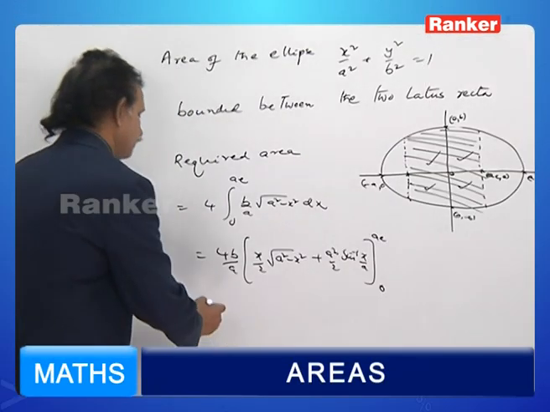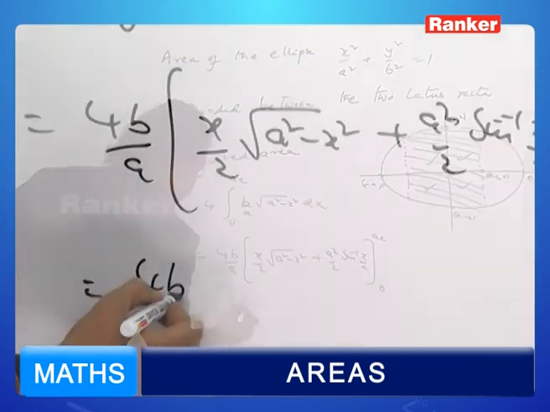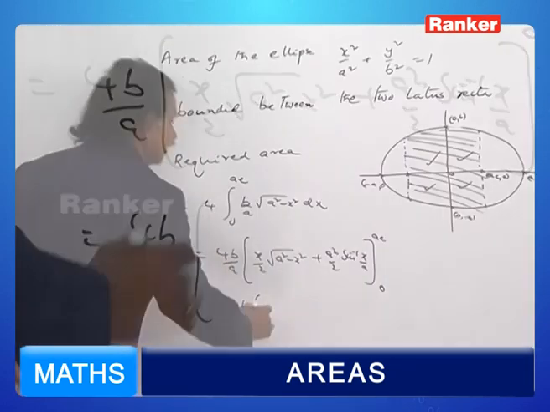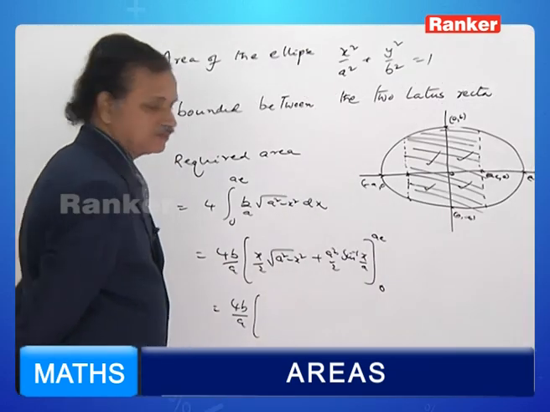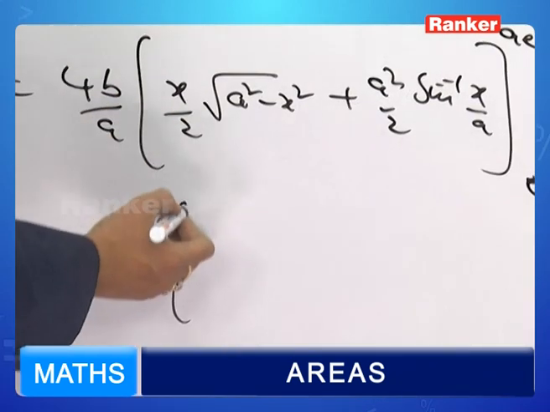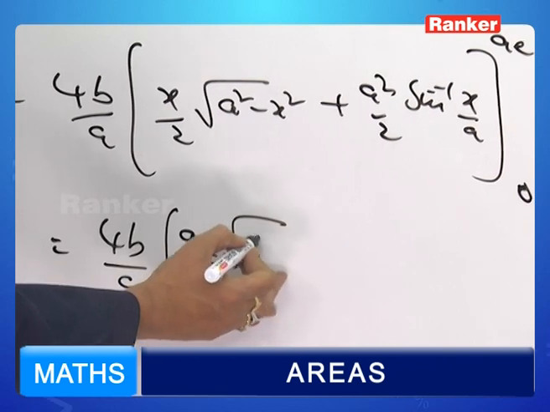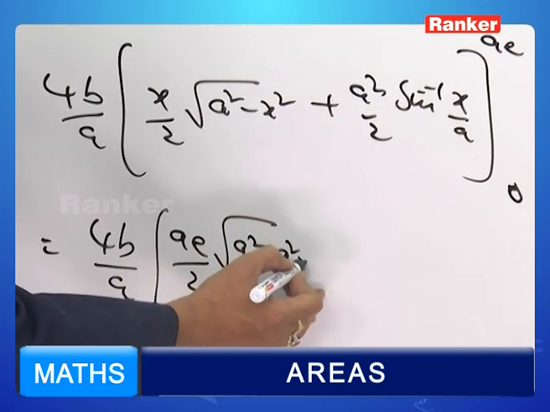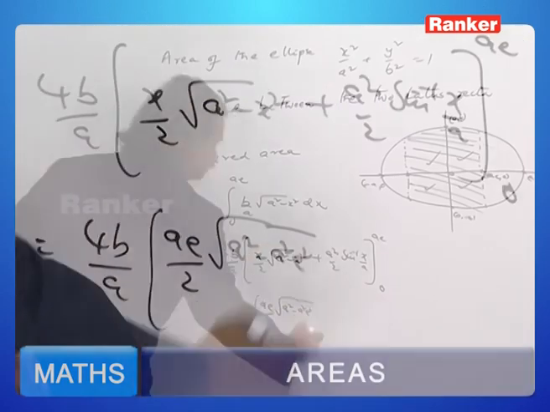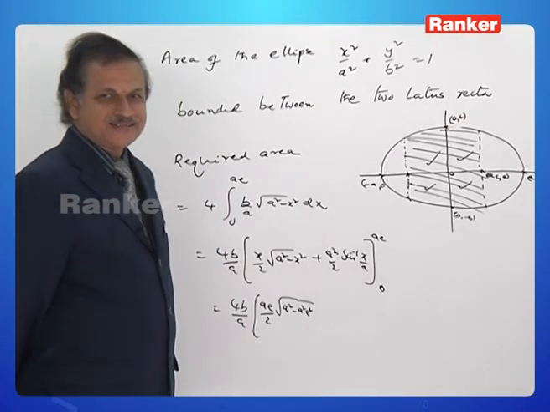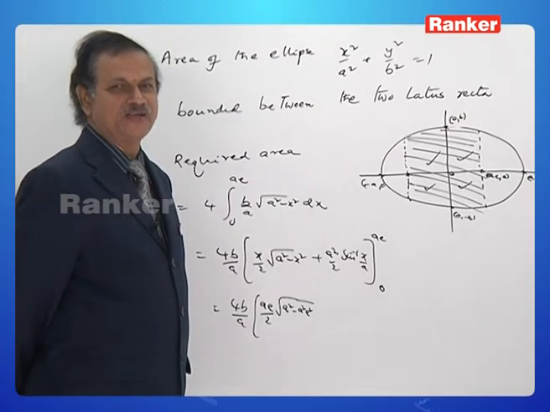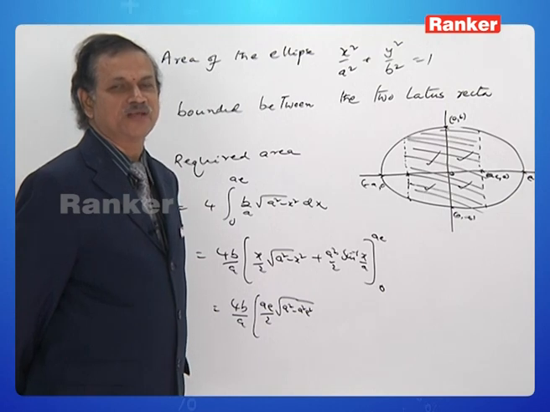Good. This is equal to 4b by a into, put AE first, AE by 2 into root of a square minus a square e square. You can collect the formula: b square is equal to a square into 1 minus e square, in the case of an ellipse.